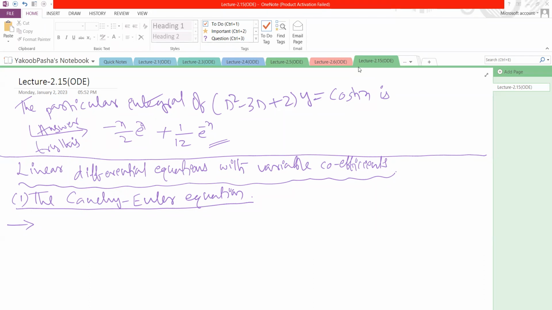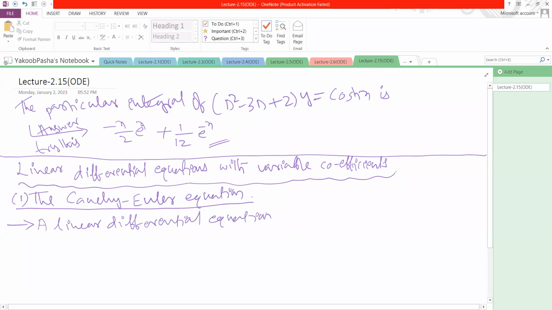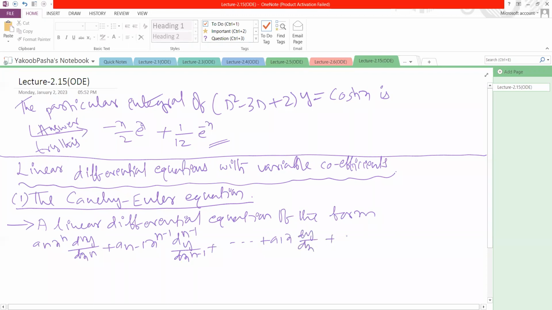Now I'm taking a linear differential equation of the form an x power n into d power n y by dx power n plus an minus 1 x power n minus 1 d power n minus 1 y by dx power n minus 1 plus and so on, a1 x into dy by dx plus a naught into y is equal to q of x.